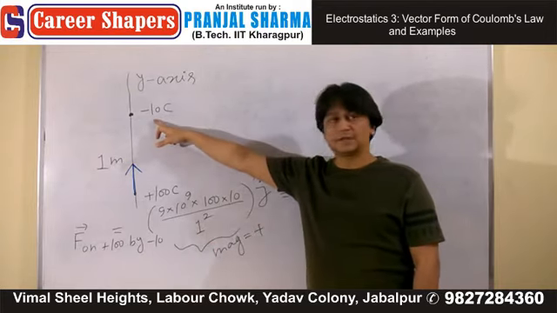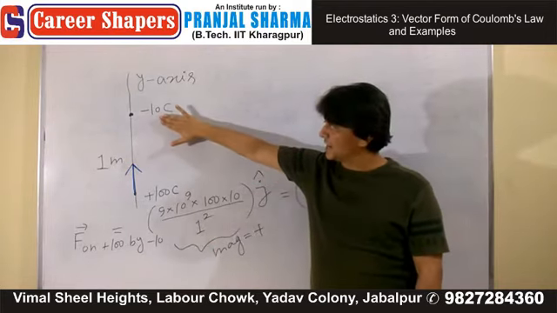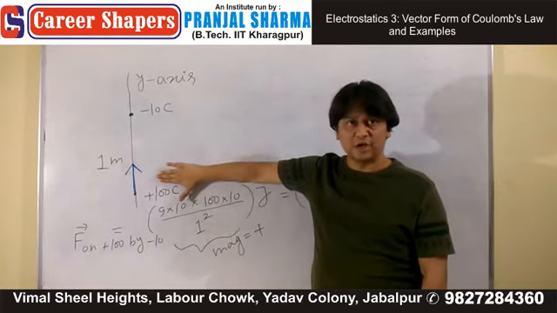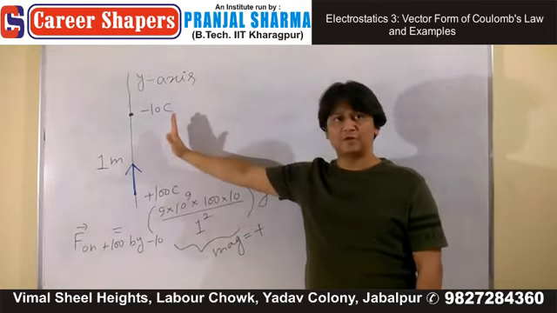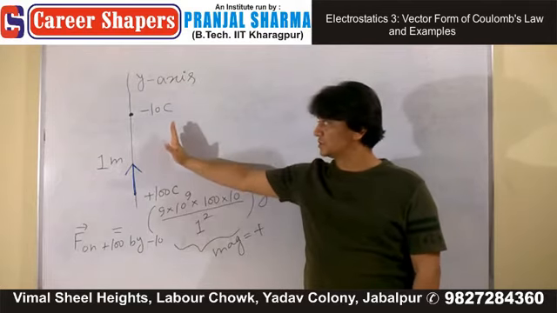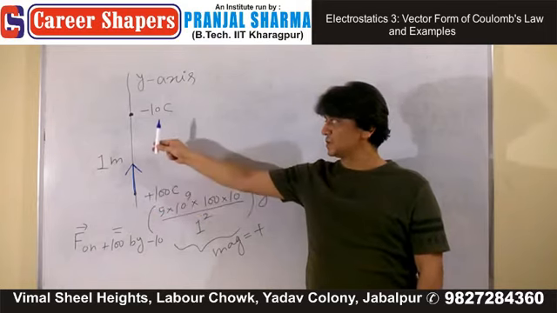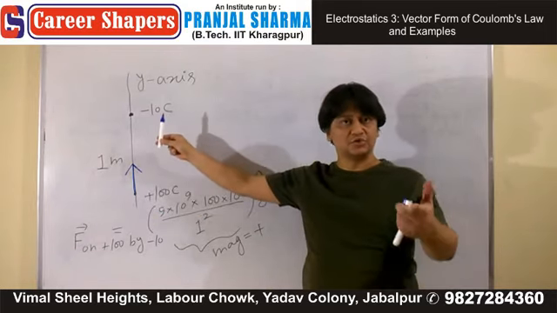This negative simply tells you that the negative charge is attracting the positive charge and the direction of the attraction force is towards the negative charge. Once you find out that this is the direction, what is this? J cap.